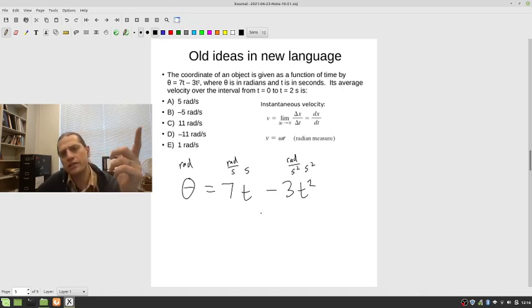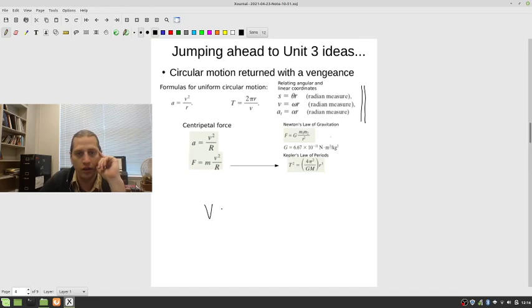Now, something that's a little bit confusing is that let's say you wanted to go to linear velocity, right? The way you get linear velocity is by taking your angular velocity and multiplying it by meters. So this would be, let me do it on a different page so we don't confuse it, let's in fact do it in a simpler example.